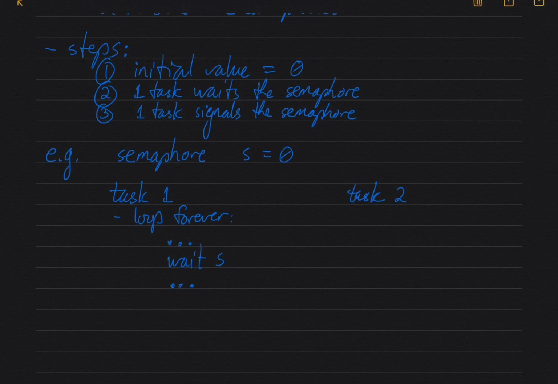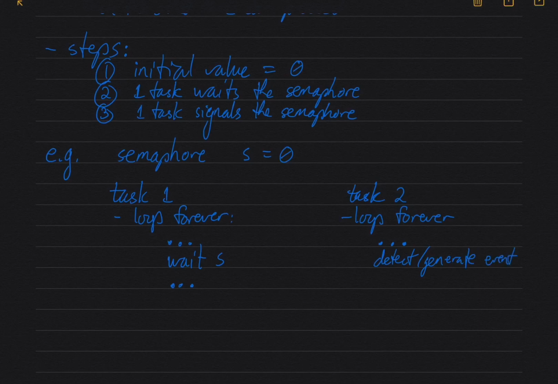Task 2 likewise will loop forever. It will do some work, and it will detect or generate the event.